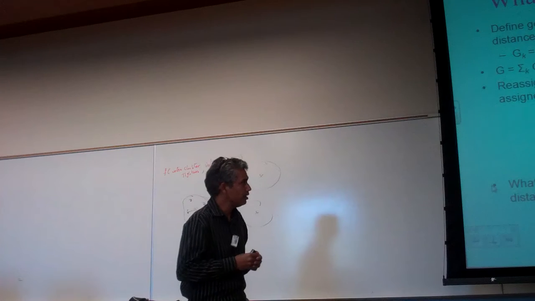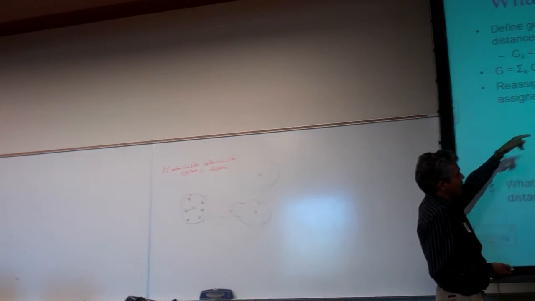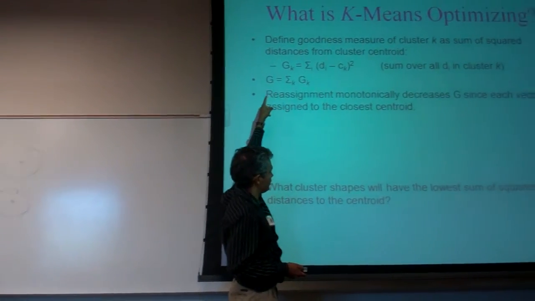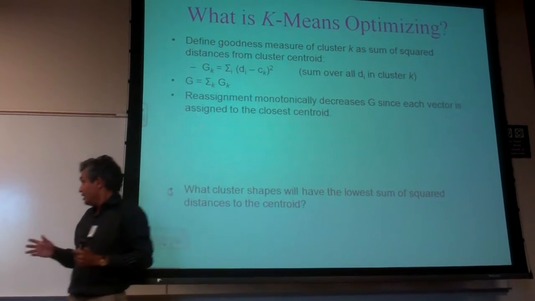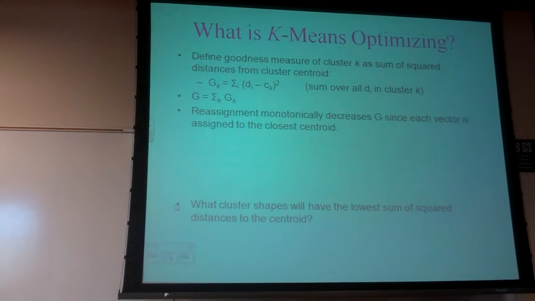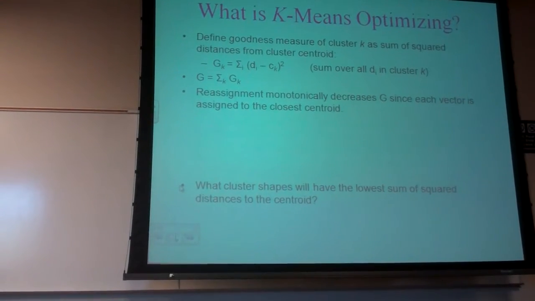So anyway, the reassignment monotonically decreases this measure, so it reaches a local minimum. In some sense, this is the point about function minimization.